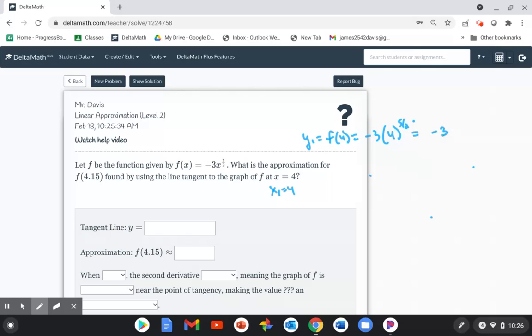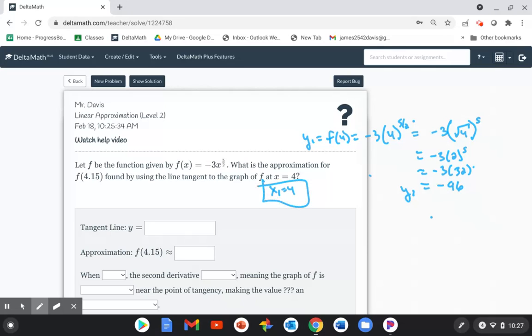It's actually good to review these rational exponent rules, because that's the same thing as, remember, top is power, bottom is the roots. So it's the square root of 4 to the 5th power. Square root of 4, of course, is 2. So negative 3 times 2 to the 5th power. 2 to the 5th is 2 times 2 is 4, times 2 is 8, times 2 is 16, times 2 is 32. So that's negative 96. That's our y1.